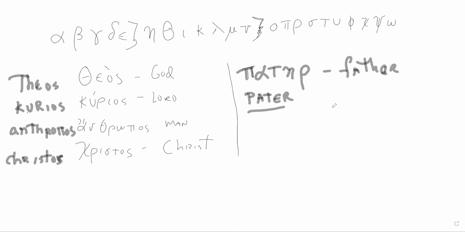And let me see if there's any other ones we might look at as well. We could look at some verbs as well. Here's one for you. Me. This is a verb.